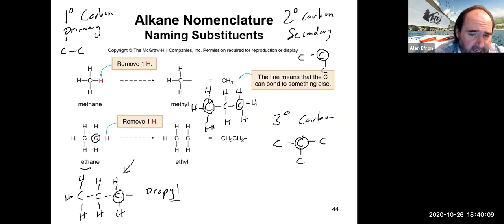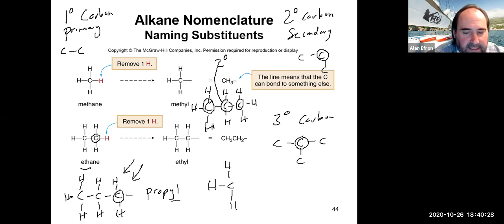If we lost any of the hydrogens on that guy, we would also end up with this guy. This carbon in the middle is a secondary carbon. It's attached to two other carbons. If we lose the hydrogen on that guy, we actually get a different type of group, because the connection is not going to be at the end carbon where it would attach to the actual chain. It would attach right here at our secondary carbon.